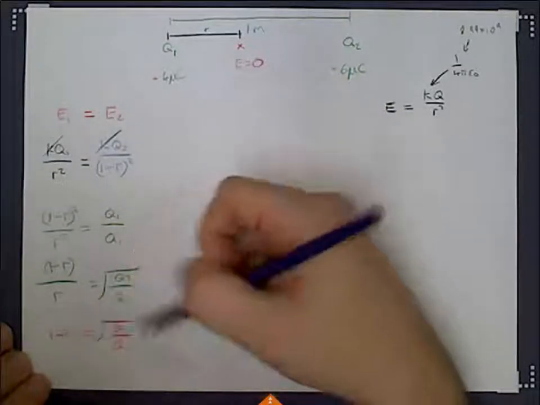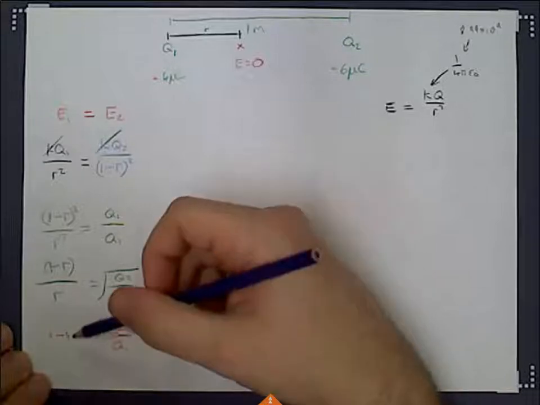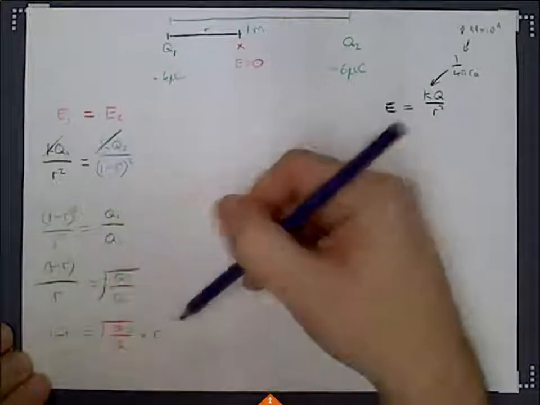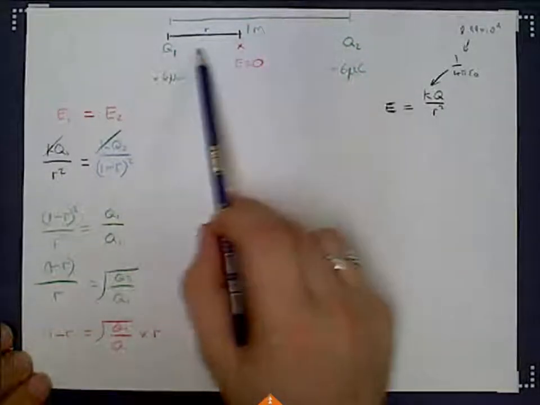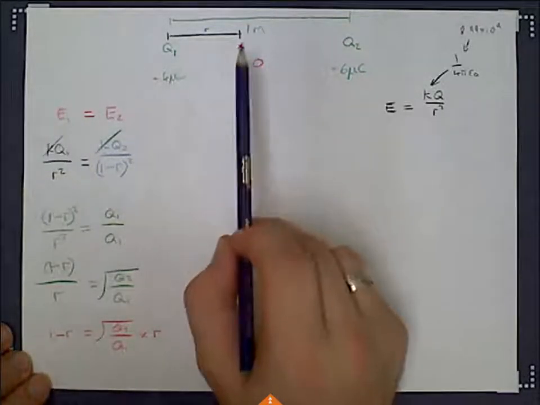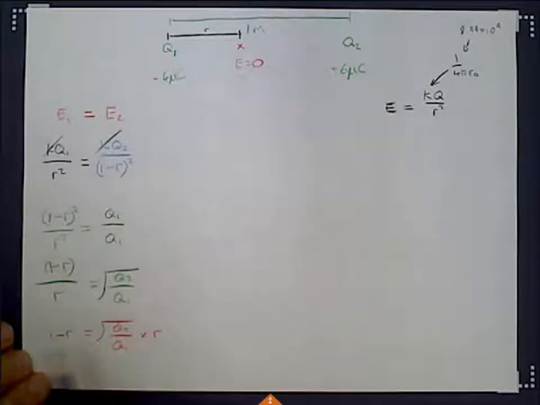We want to get rid of these two values of R, because we really want one lot of R, don't we? Because the whole purpose in this is finding out where in this midpoint between here is this point of zero field. So 1 minus R equals root Q2 over Q1 times R.